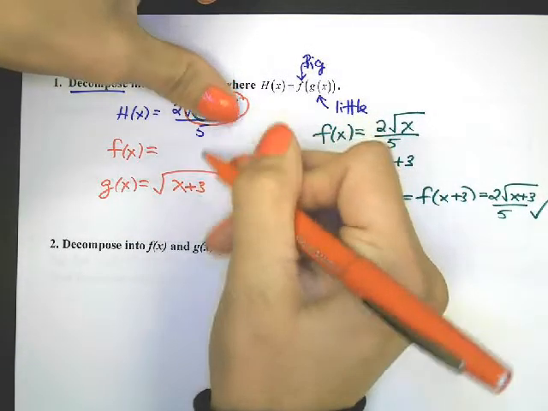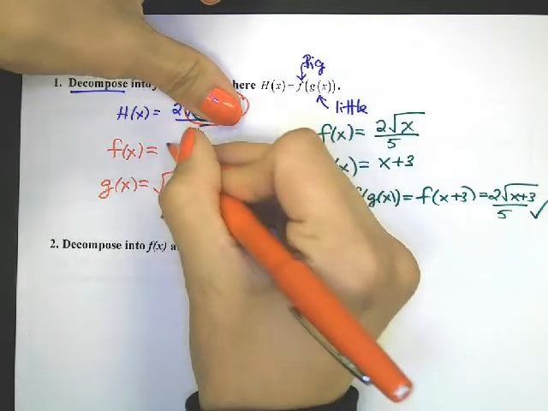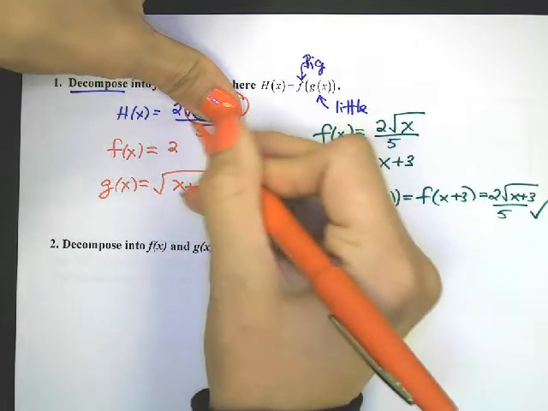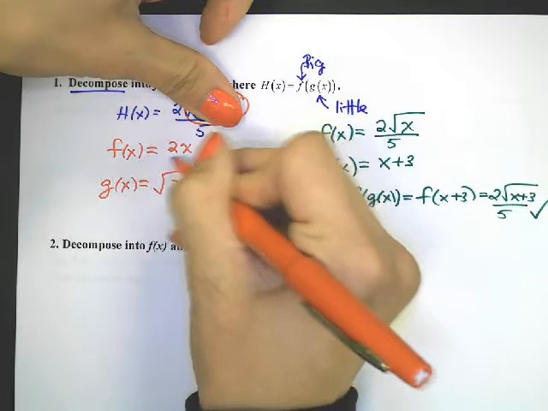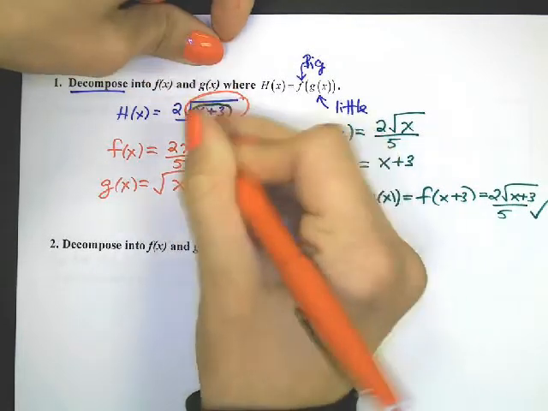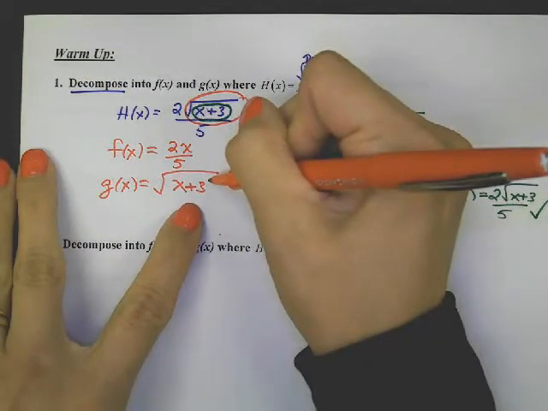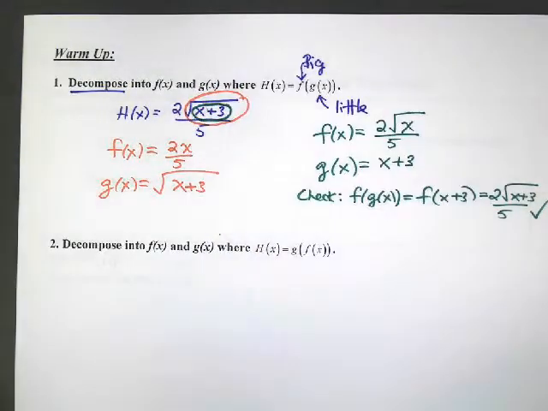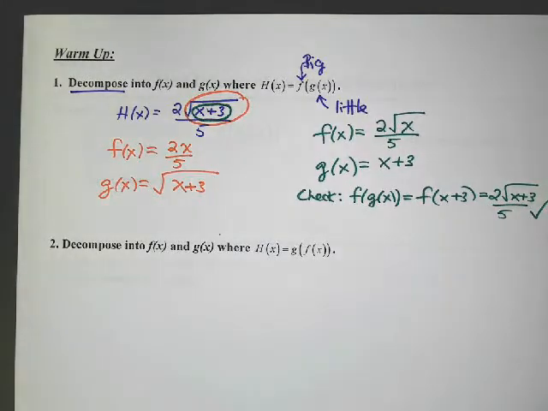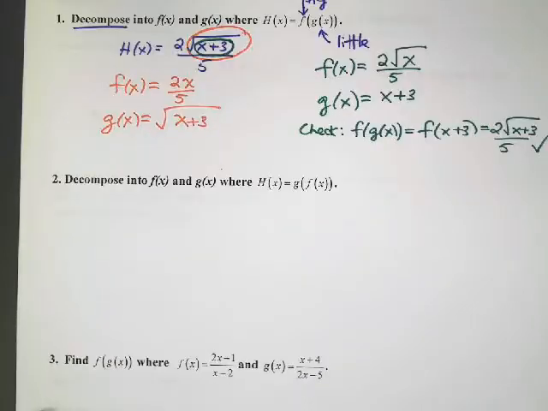If all of that is the little guy, what's left? 2 times that stuff, which you always say as an x, over 5. So whatever you take out, you call x. Is that right? If this quantity goes into that spot, I think that would work. There's lots of ways to decompose. You just have to make sure that you make one way.